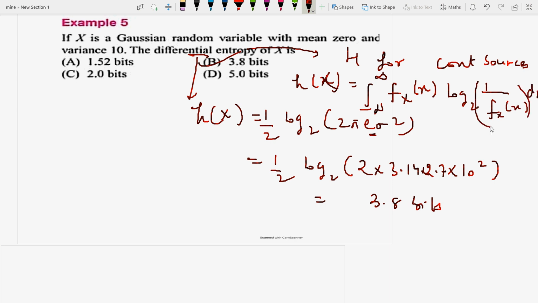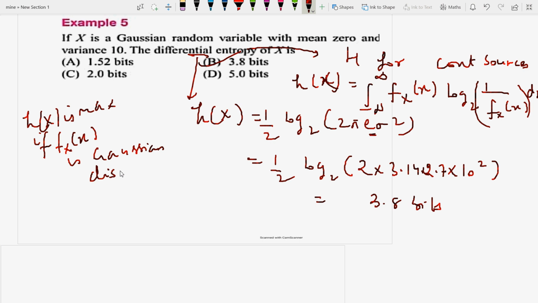But here I am not going to give the derivation. The differential entropy will be maximum when the PDF, the probability density function, is Gaussian distributed.